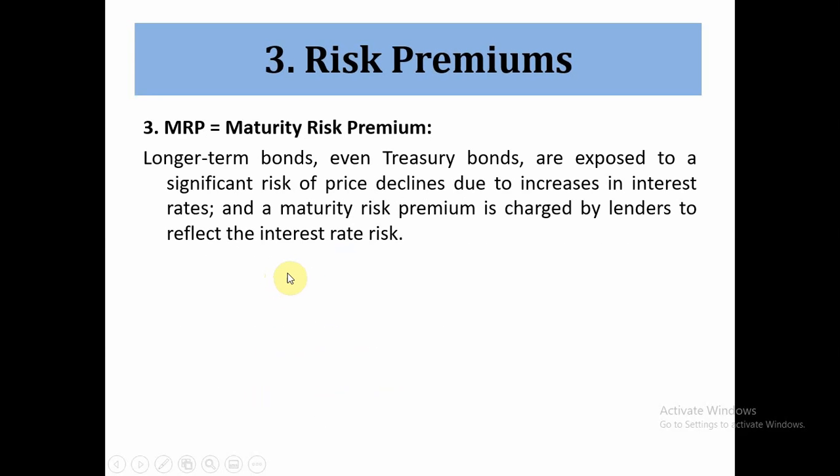So what is MRP? MRP is maturity risk premium. So first we need to define here: longer term bonds, even T bonds, are exposed to a significant risk of price decline due to increases in interest rate, and a maturity risk premium is charged by a lender to reflect the interest rate risk.